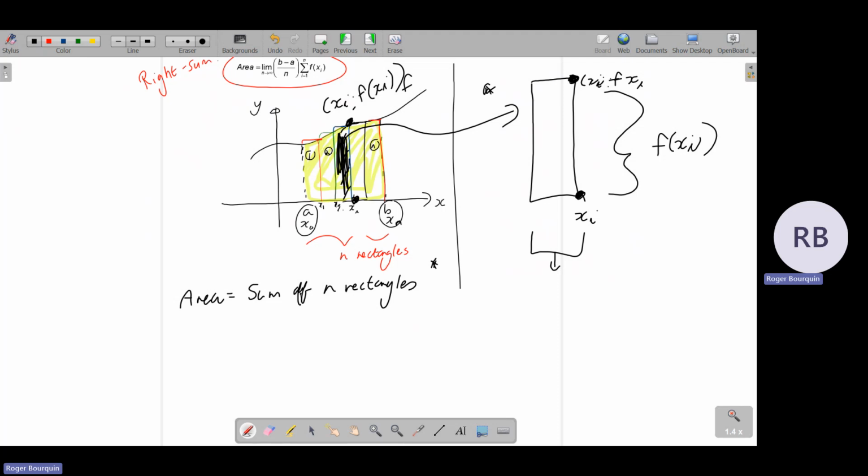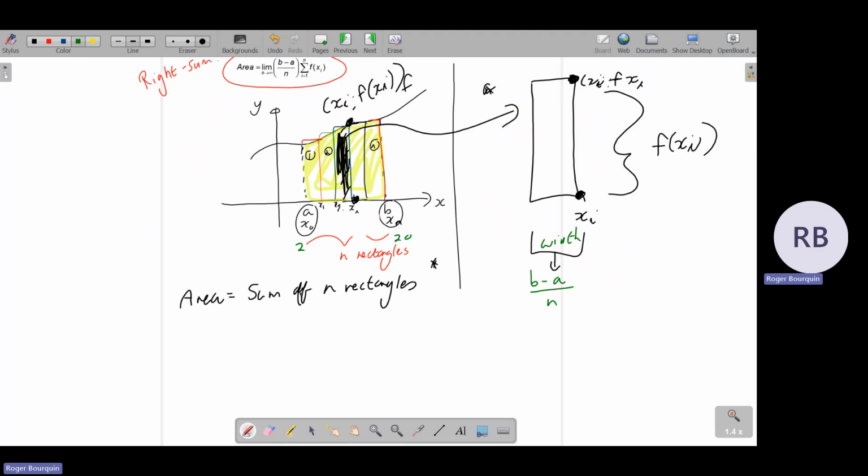Well, let's think about this. Don't write this in, but if this was 20 over here, and that was 2, and there were n rectangles, the width of each one would be 20 minus 2 divided by the number of rectangles. But this is going to be referred to as A, the lower boundary, and that's going to be B. So the width of each rectangle will be equal to B minus A over N. Does that make sense?